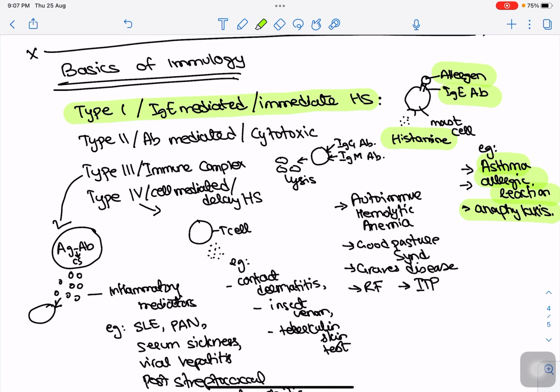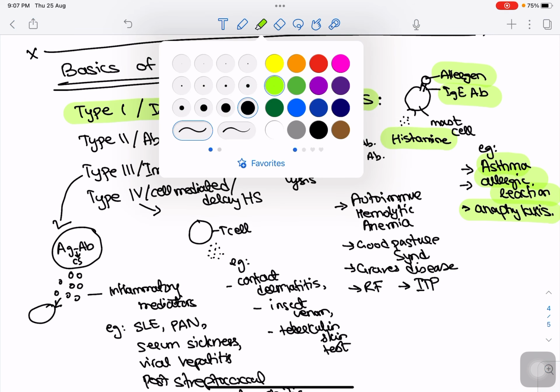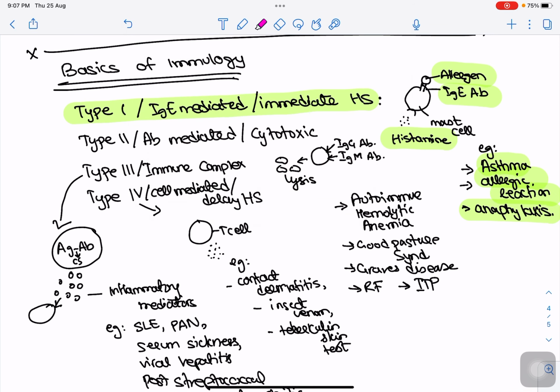And then there is type 2, the antibody mediated cytotoxic reaction, in which an IgM antibody is attached to the cell, and it leads to the lysis of the cell.